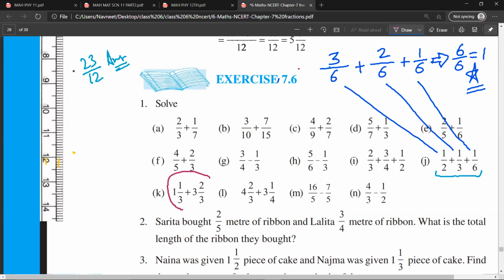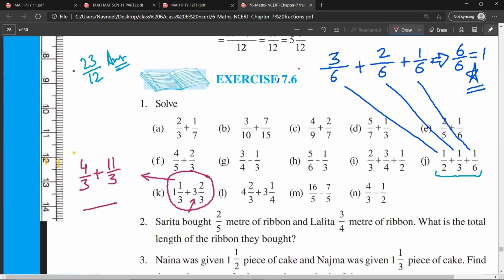Okay, how should I do this? So we have to convert it to an improper fraction. What can I write this as? 1 by 3 I can write as 4 by 3. 3 times 1 plus 1 is 4. 4 by 3 plus what should I write this? 11 by 3. Shabash.